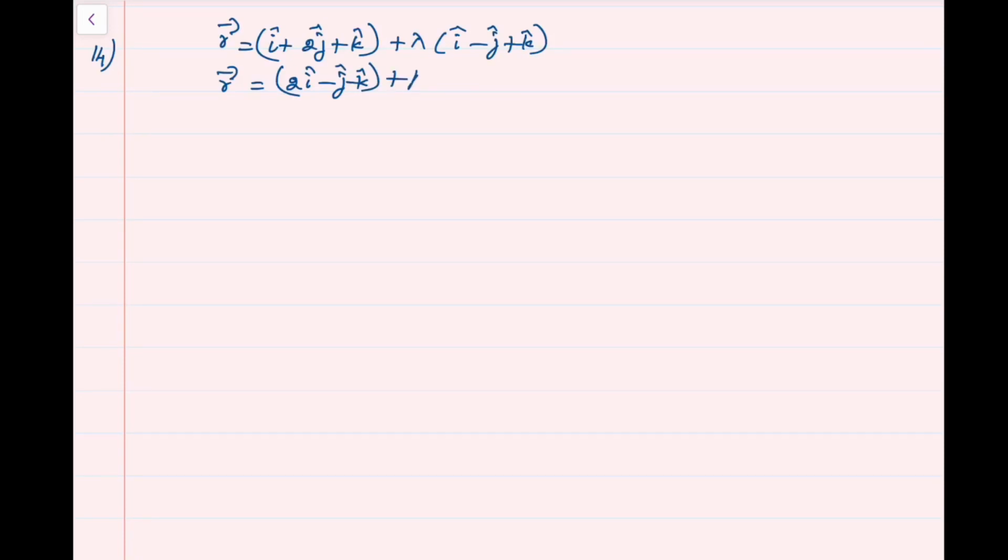Question number 14. Find the shortest distance between the lines. Vector r is equal to i plus 2j plus k plus lambda times (i minus j plus k), and vector r is equal to 2i minus j minus k plus mu times (2i plus j plus 2k).